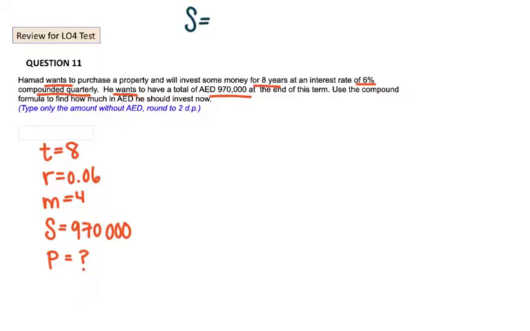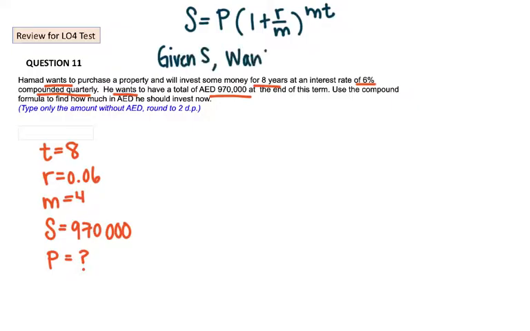The compound interest formula says S equals P, 1 plus R over M raised to the power MT. But in this case, we were given the S and we want to find P. So it would be better if we could rearrange this formula, and instead of having S equals, we'll have P equals S divided by this whole expression with ugly terms.